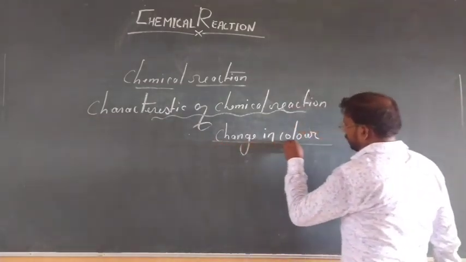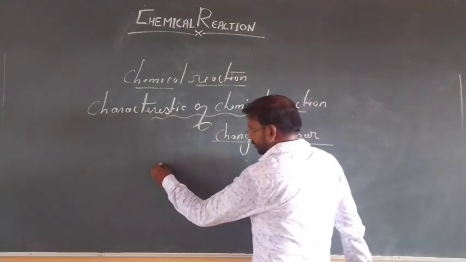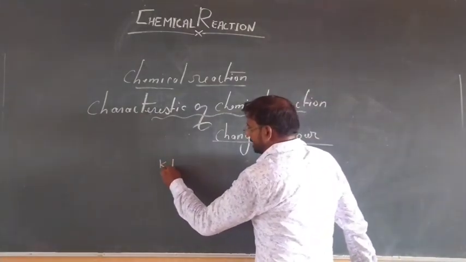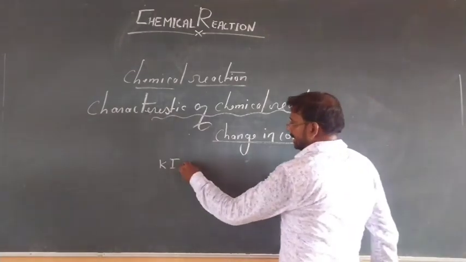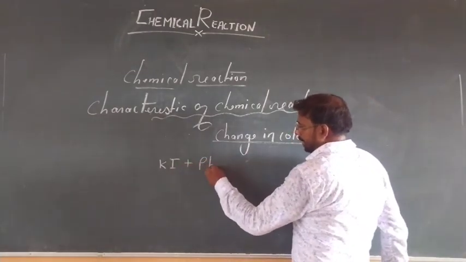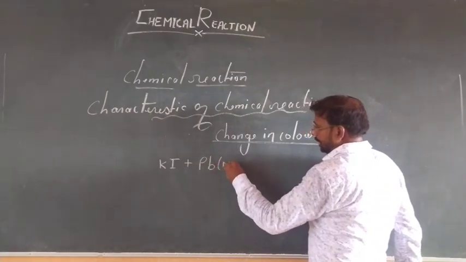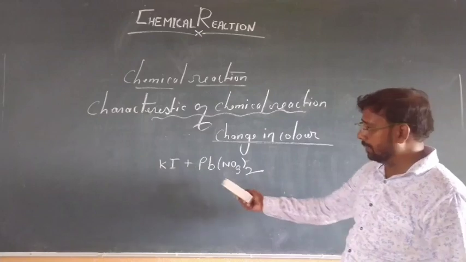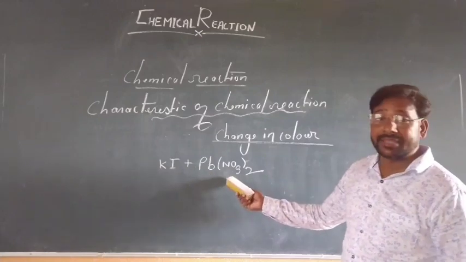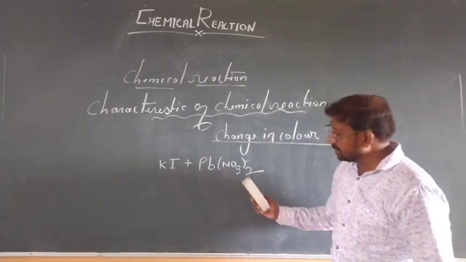What will happen? I am going to give an example. First, if you add potassium iodide to lead nitrate, Pb(NO3)2. It is called lead nitrate. Pb means lead, NO3 means nitrate. Why am I writing this?